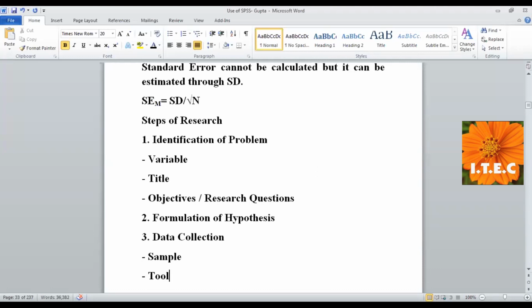Because you cannot collect the data without the help of the tool. This is important. So therefore, if you are interested in collecting the data, then you have to have the tool. Now in social sciences, we call it tool, and in pure sciences, they call it instrument.